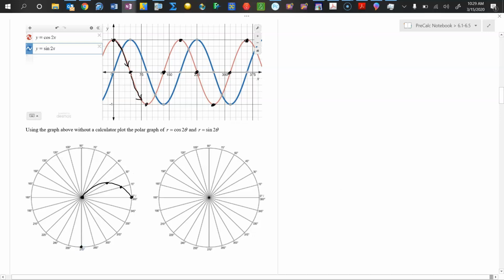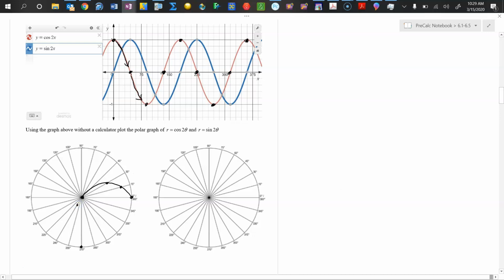And we're going to take a look and see what happens to r values for angles between 45 and 90 degrees. At 60 degrees, if you look at the graph up above, you can see that r is negative, but close to 0, so we go in the opposite direction.